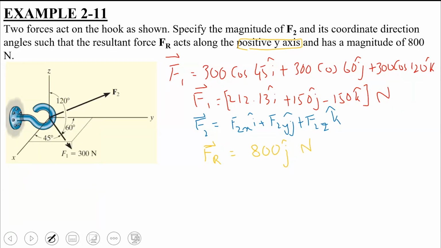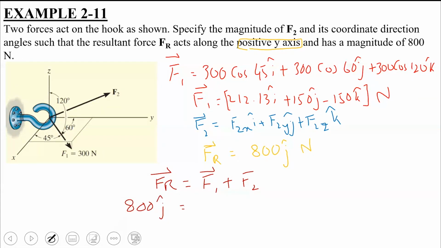So as per vector addition, we know that Fr is the vector sum of F1 and F2, isn't it? So we are writing Fr here as 800j.